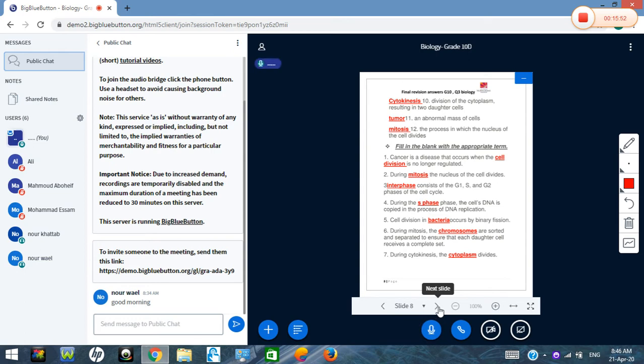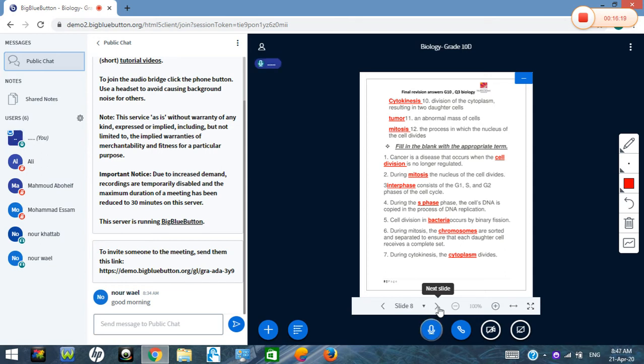Because prokaryotic cells don't have a nucleus, and mitosis occurs to the nucleus of the cell. The nucleus is divided. So prokaryotic cells don't make mitosis because they don't have a nucleus.